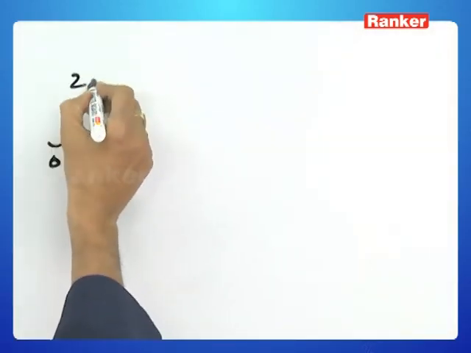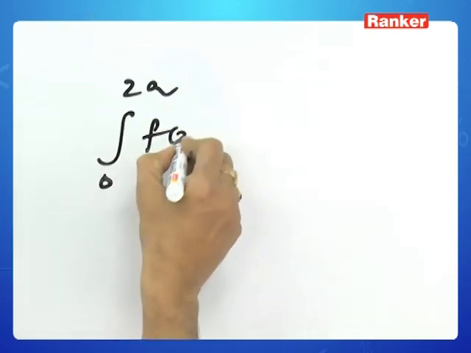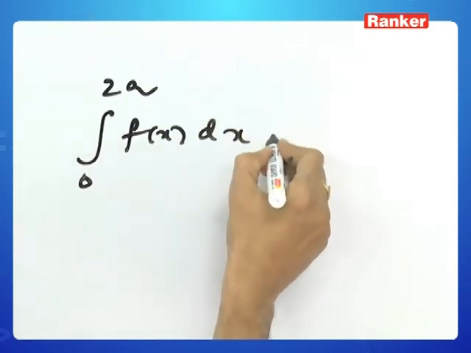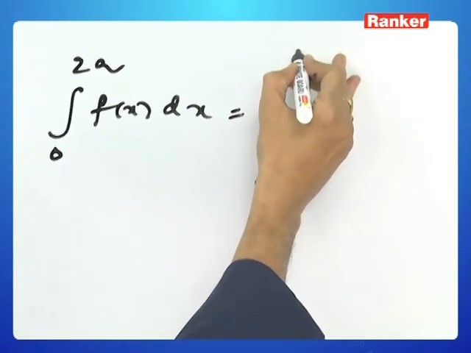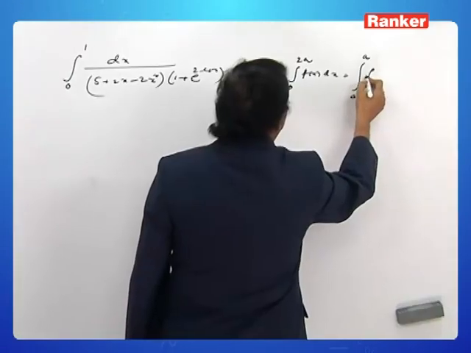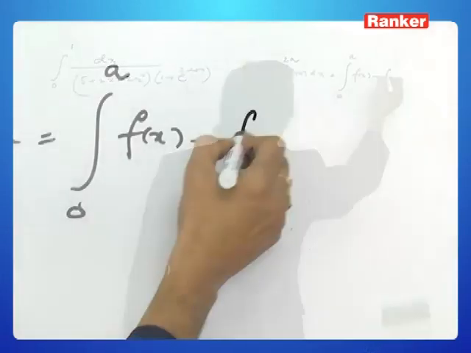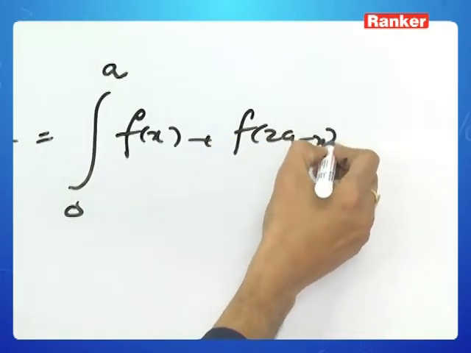Integral 0 to 2a f of x dx is equal to integral 0 to a f of x plus f of 2a minus x dx.